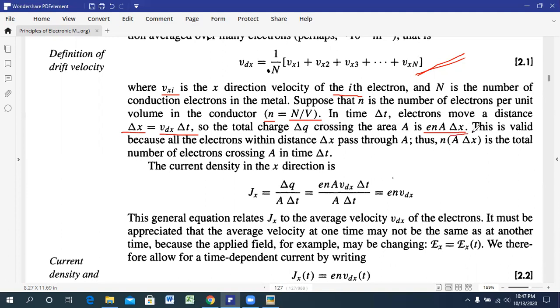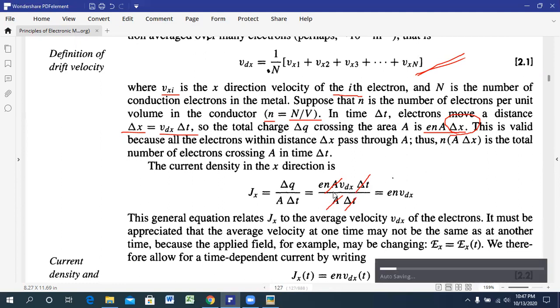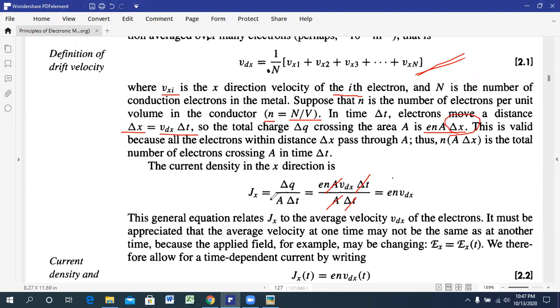If we replace this delta x, delta x should be equal to Vdx delta t. So look, delta x will cancel, the cross sectional area will be cancelled. So what will be left here? enVdx, isn't it? So the current density Jx should be equal to enVdx. Is that clear up to this?